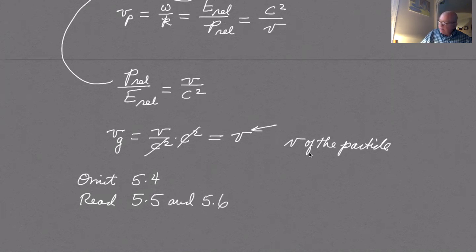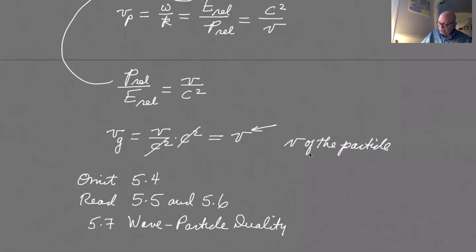Then that will get us to section 5.7, which discusses wave particle duality, and we'll spend a little time discussing that in the next module or two, and then that will bring us to the end of chapter 6. So we're closing in on the end of chapter 6. Very good. I'll assign some problems and get you started thinking about stuff at the end of chapter 6.